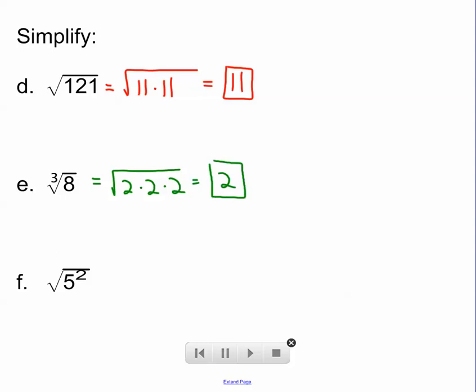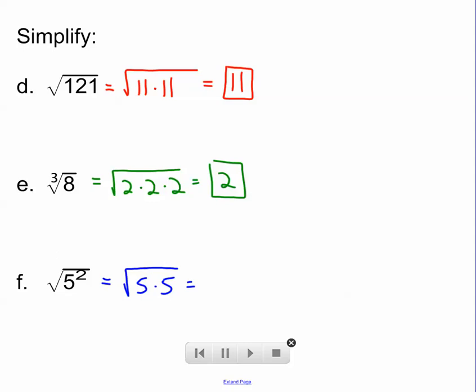And then the last one, square root of 5 squared. I'll do this the long way, but 5 squared is 5 times 5. So they're basically asking us the square root of 25 here, but they've already got it in exponential form, or prime factorization if you want to call it that.